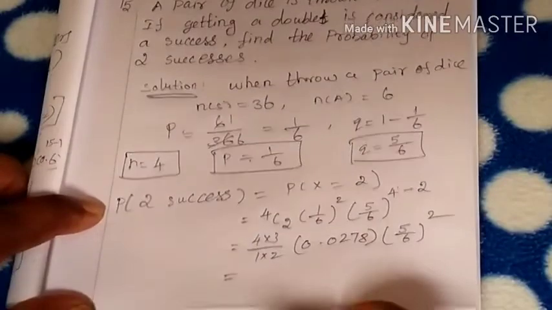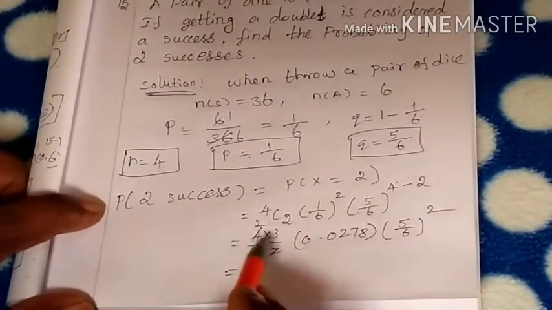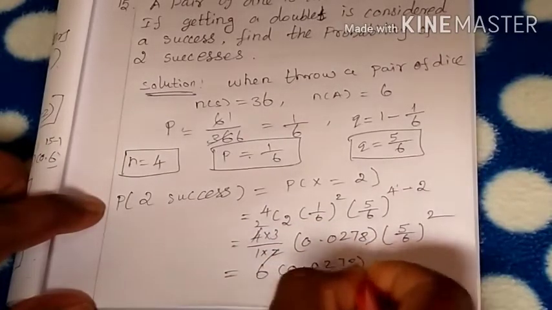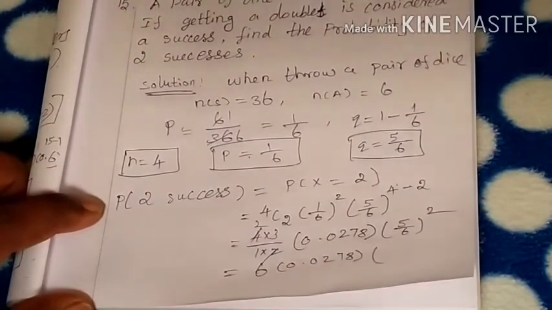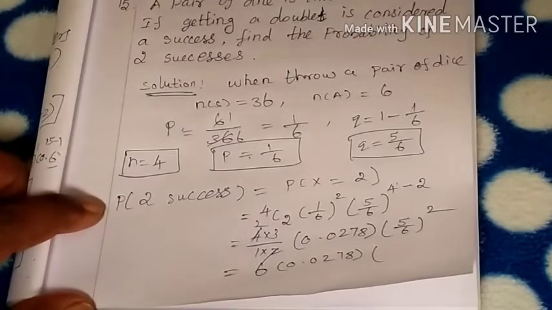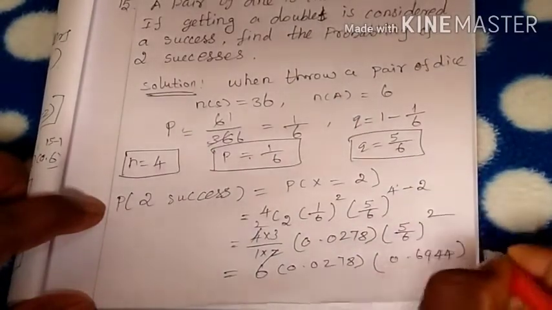Using the cancellation, 1 2 is 2, 2 2s are 4, so 2 3s are 6. Then 0.0278. Then 5 by 6 power 2. Using the calculator, 5 divided by 6 power 2 is equal to 0.6944.